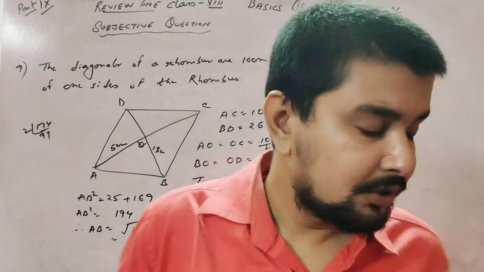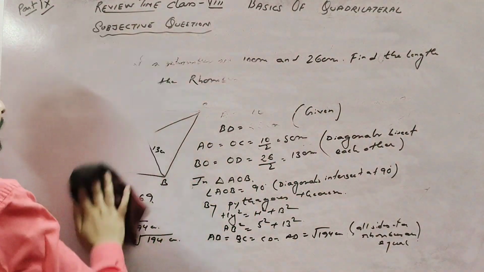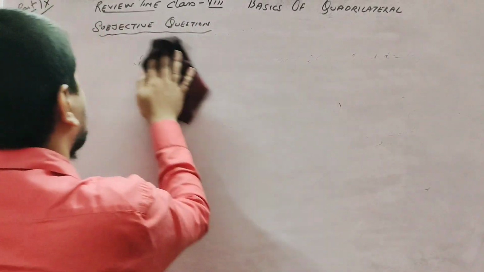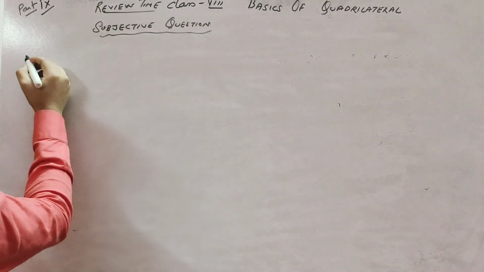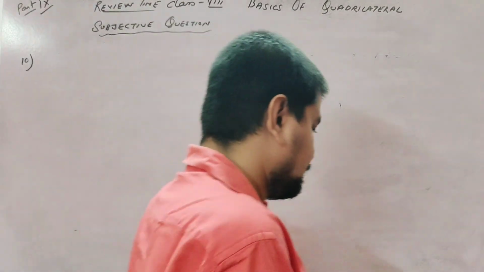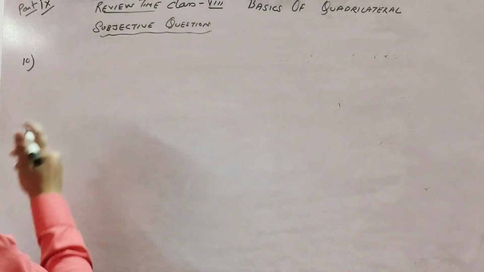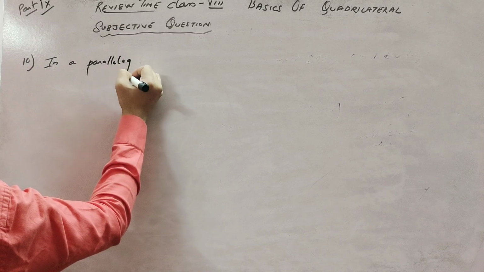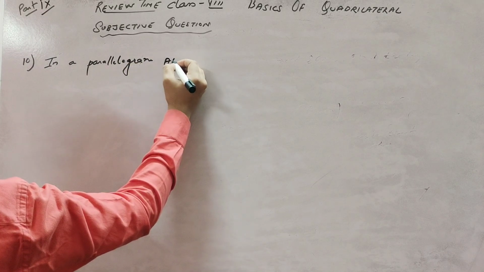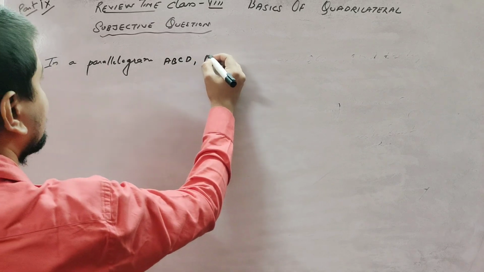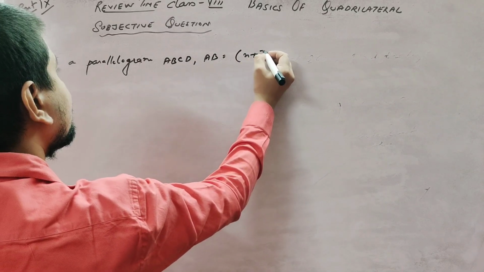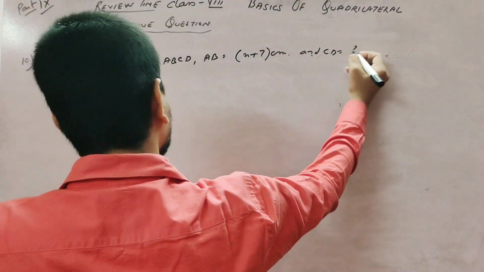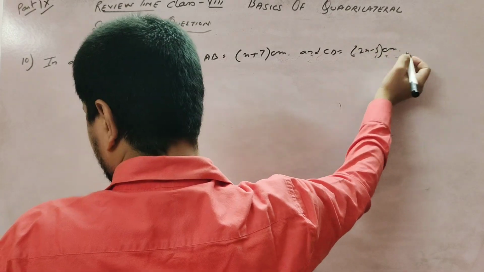Now question number 10. In a parallelogram ABCD, AB equals x plus 7 centimeter and CD equals 2x minus 5 centimeter.